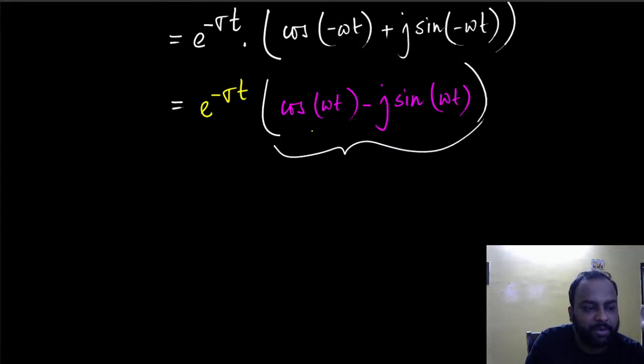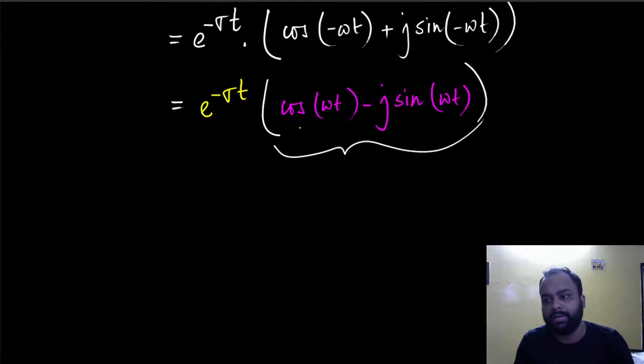So what is the minimum value that cos omega t can attain? That's minus 1. What is the maximum value that cos omega t can attain? That's again plus 1. What about sin omega t? The minimum value sin omega t can attain is minus 1. The maximum value that sin omega t can attain is plus 1, right?